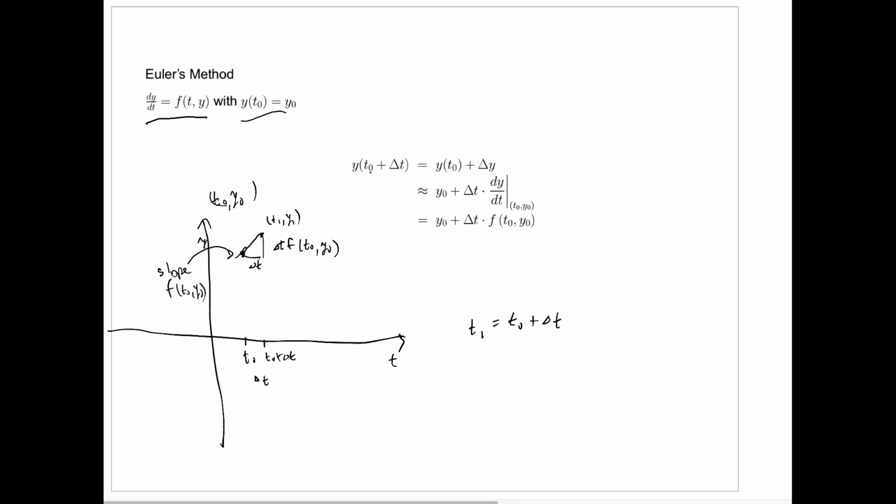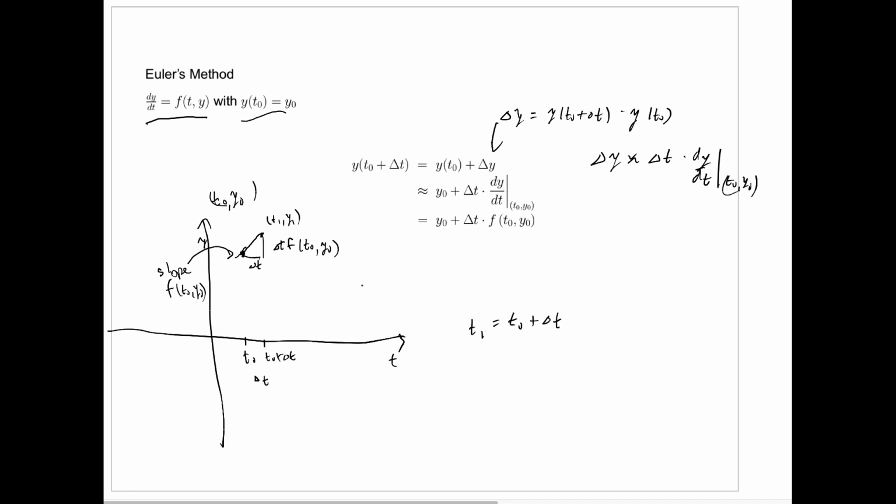And the justification for that is that the actual y-coordinate at t naught plus delta t is just y of t naught plus delta y. By delta y we mean the actual change in y. That's just y of t naught plus delta t minus y of t naught. And you're all familiar with the differential approximation, which says that delta y is approximately delta t times dy/dt at that base point, t naught, y naught, which is exactly what we're doing here.